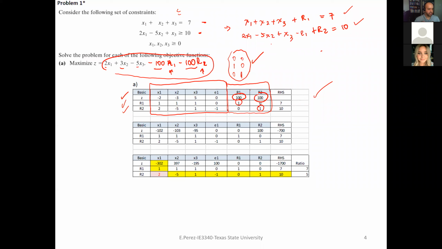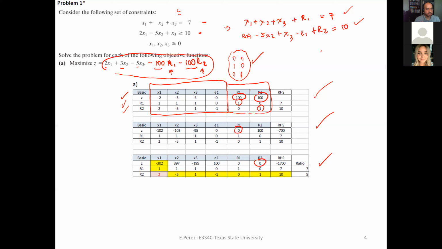You have 100 in row 0 for R1, and you have 100 in row 0 for R2. So before you apply the simplex method, you have to make sure that those coefficients are equal to 0, which is what we are doing in this second table. We're making this coefficient 0 by applying the elementary row operations, and then on the next table, we are making this coefficient 0.